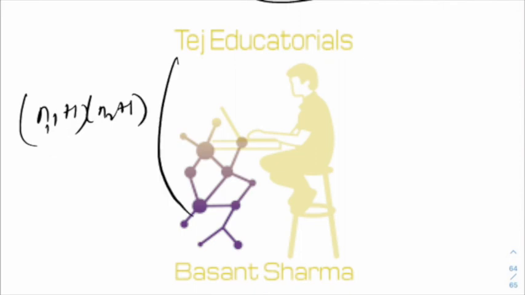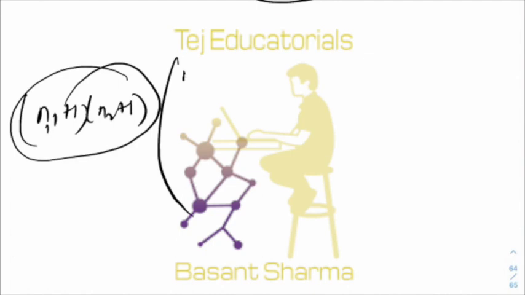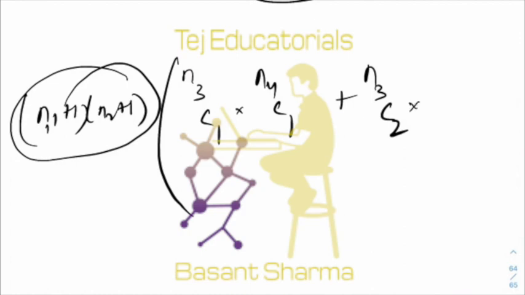So finally what you get is n1 plus 1 into n2 plus 1, which will be common for all the cases. For case 1, you have to select one object from B3 and one object from B4. Then two objects from B3 and two objects from B4, and so on till n3 c n3 into n4 c n3.